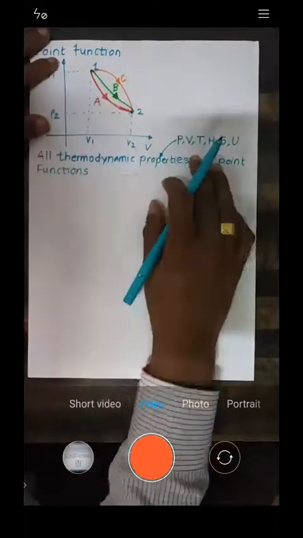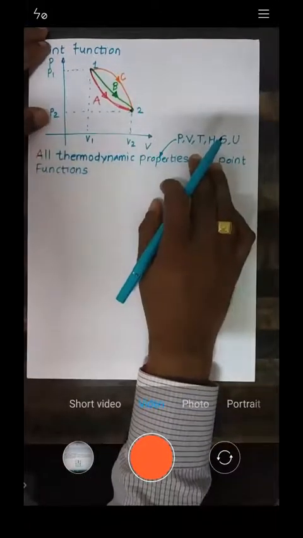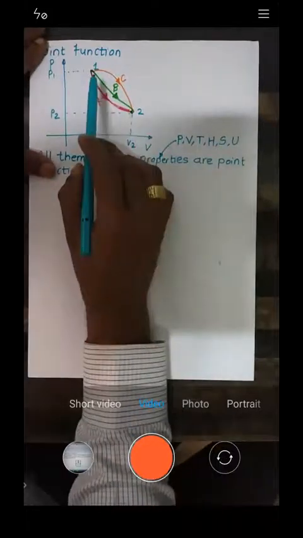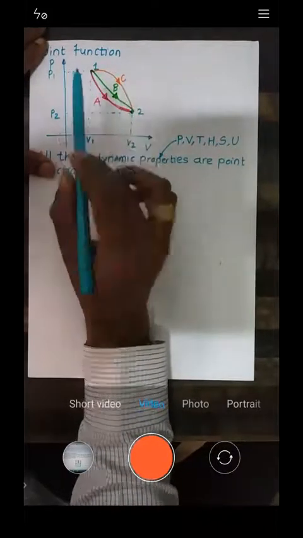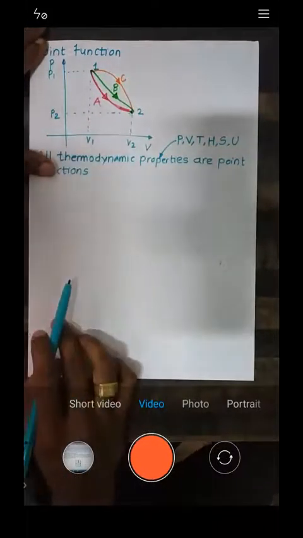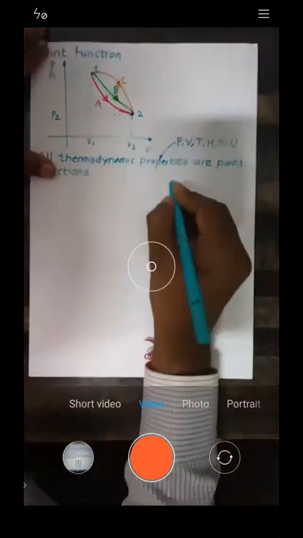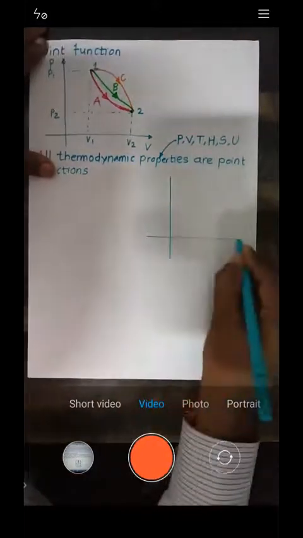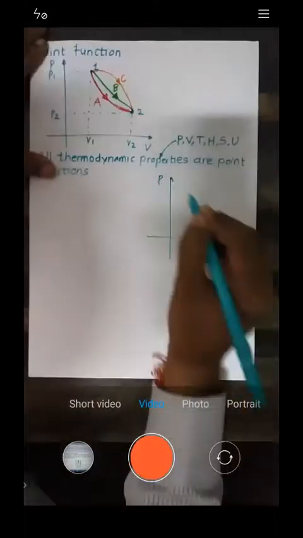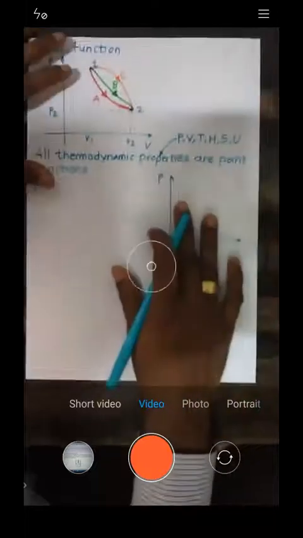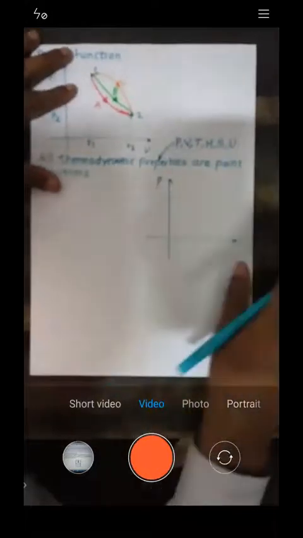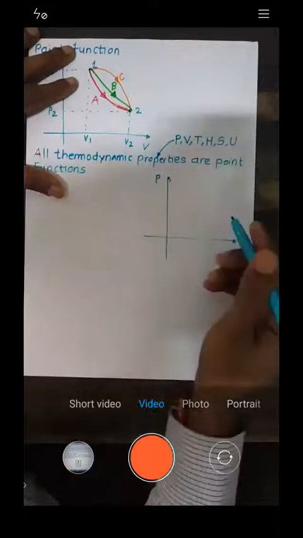Now my simple question to you is, when you move from 1 to 2 and again 2 to 1, if you want, I will just draw a simple diagram. Let's consider this as a pressure scale and this as a volume scale.